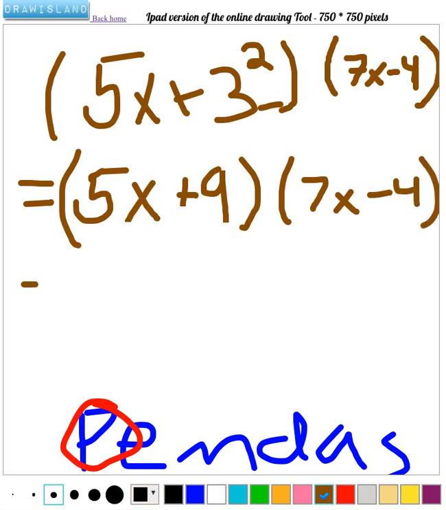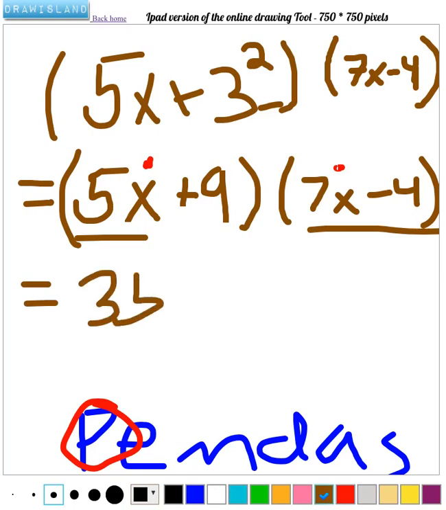Then, since we're multiplying in parentheses, you'll multiply everything here by everything here. So first we start with 5x. 5x times 7x is 35x to the power of 2.